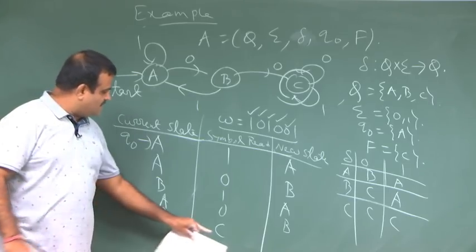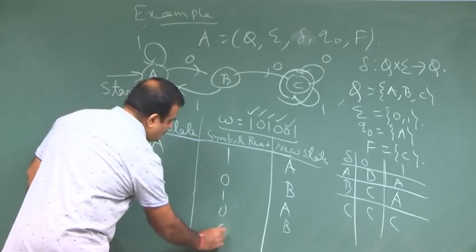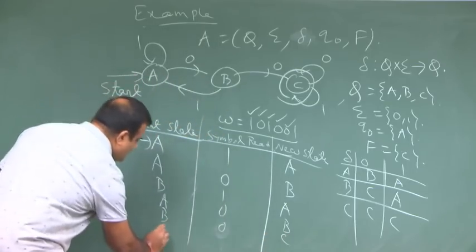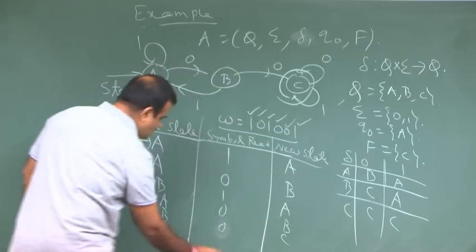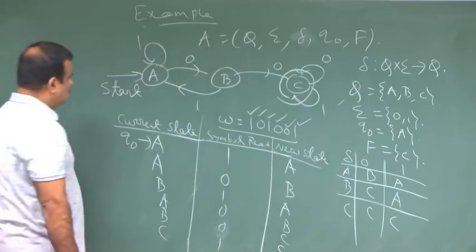Okay. So, we are at C now. We read 0, we reach C. Now, we are at C, now we read 1, so we reach C again, by that rule. Okay.